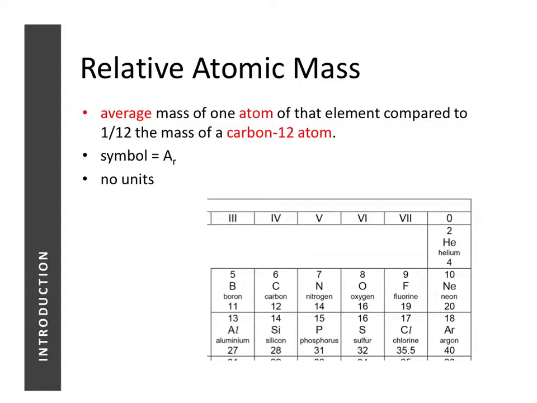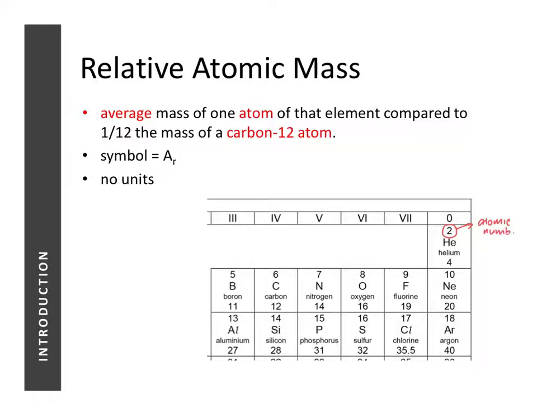Now we are left with the last question: how do we obtain the value of relative atomic mass? It's actually very easy. We can obtain it from the periodic table. In the periodic table, for each element, there are two numbers associated with it. The smaller number, which we learned in the chapter on atomic structure, is your atomic or proton number.